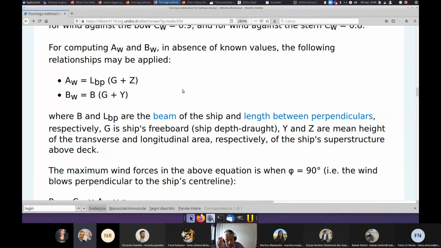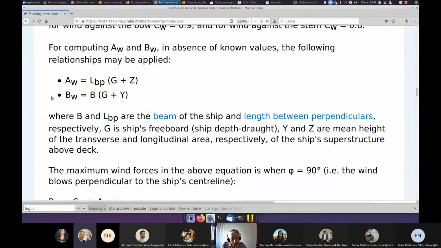I will remind you in a minute what it is, which multiplies the sum of G plus Z. G is the ship's freeboard, I will remind you what it is, and Z is the mean height of the longitudinal area, okay?